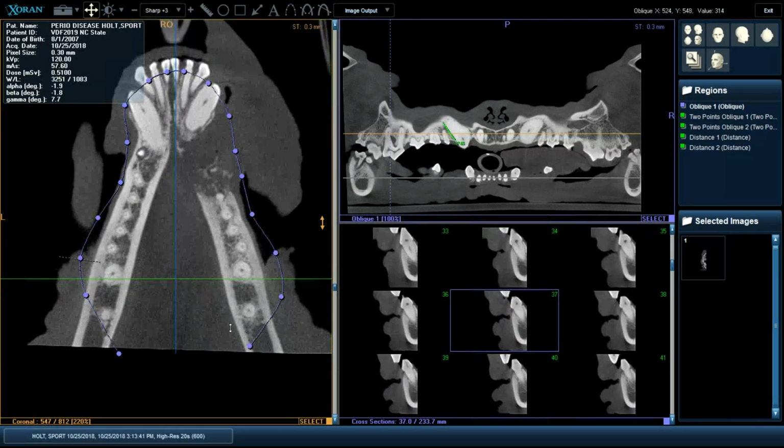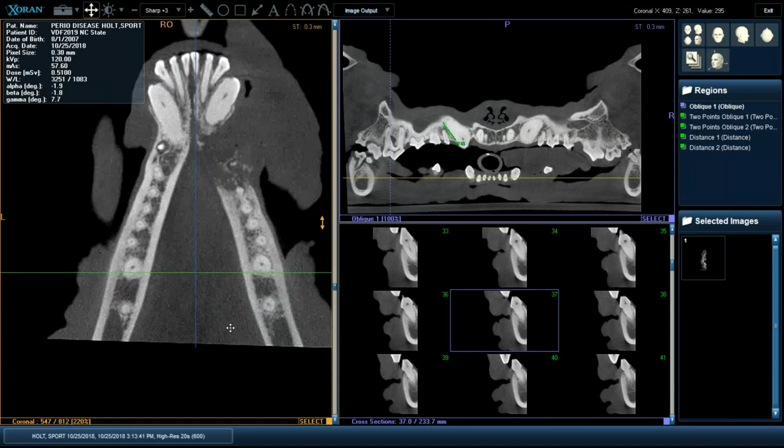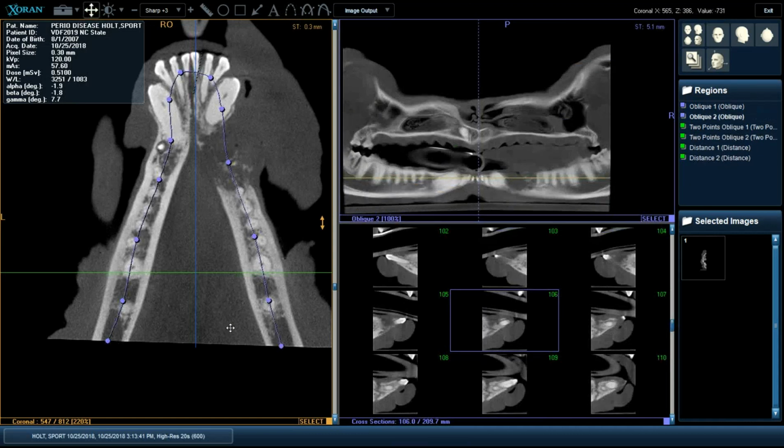I'm going to go to the mandible actually and hide this for a second so I can show you what the mandible looks like. Of course, we now have this large, very invasive lesion, which is very much worrisome. But if we wanted to trace the panoramic cut, we would do this very quickly.